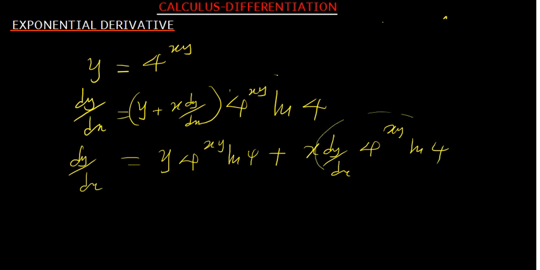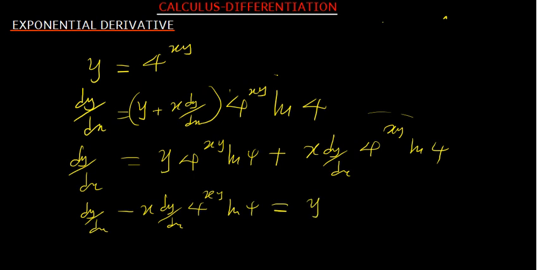Well, this portion has got dy over dx. We can take it over the other side, and so that is going to be dy over dx minus x dy over dx 4 to the power xy natural log of 4 is equal to y 4 to the power xy natural log of 4.